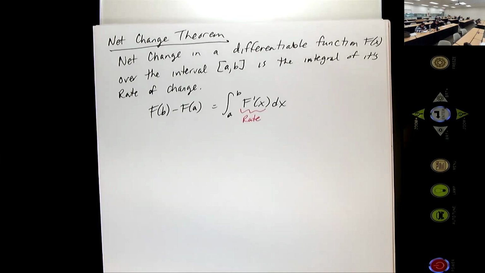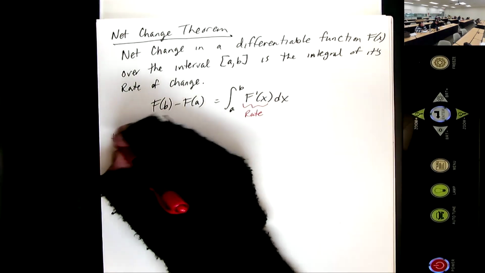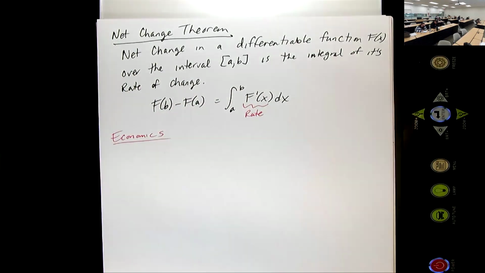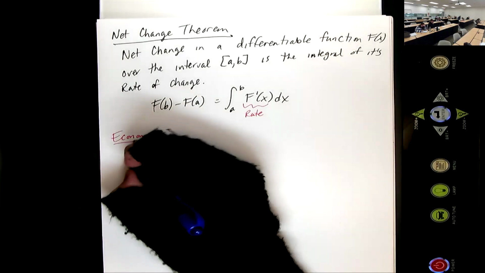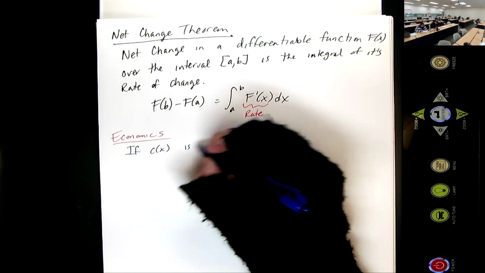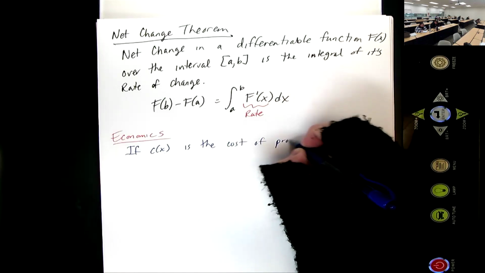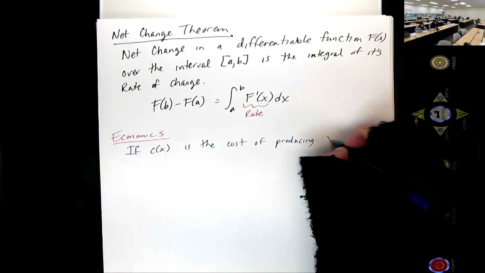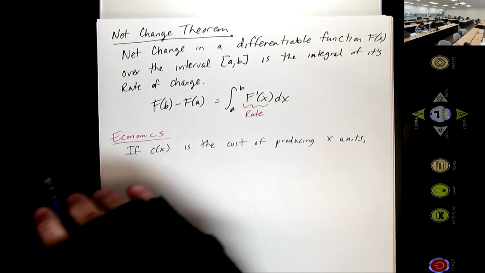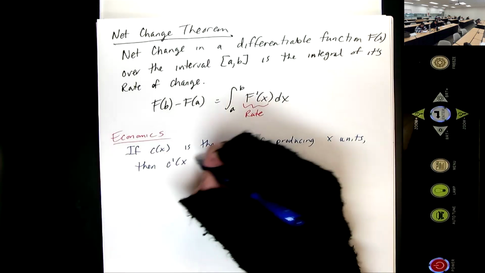So there are different interpretations of this, like in economics. If C of x is the cost of producing x units, then C prime of x is called the marginal cost.